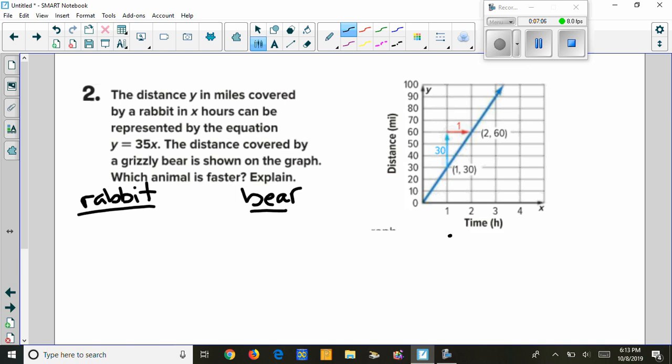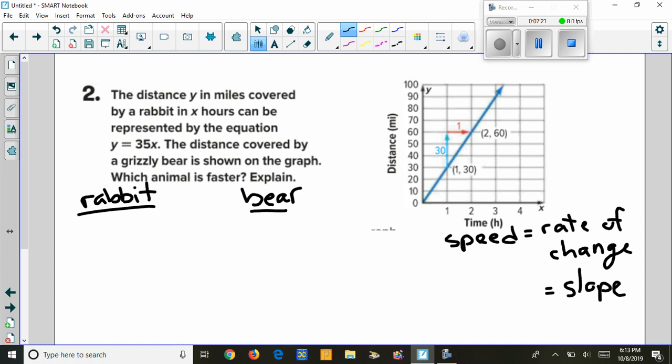Now, I want to point out that speed is a rate of change. And we know rate of change to also mean slope. So we need to figure out what the slope is for the rabbit and the bear. And to do that, we can use our knowledge of slope-intercept form.